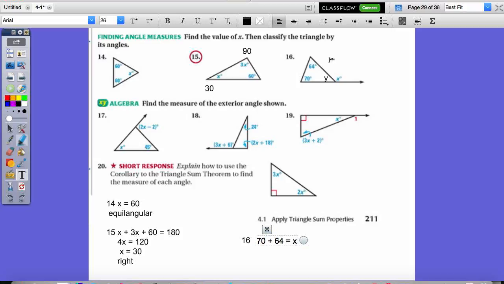Because once again, the exterior angles theorem says the exterior angle is equal to the sum of the two non-adjacent interior angles. So 70 plus 64 is 134 equals x. So if x is 134, they didn't ask us to, but this y would be equal to 180, because they make a linear pair, minus 134, which would be 46. Okay?